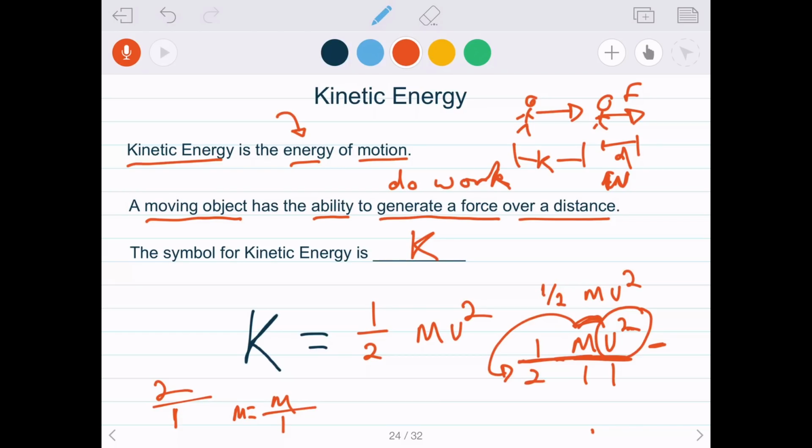So in your calculator, you're actually going to go V times V. Depending on your calculator, there are other ways to do it. But V times itself, then multiply it times mass, and then hit the divide button and by 2. That's your calculator if you're doing a basic scientific calculator.